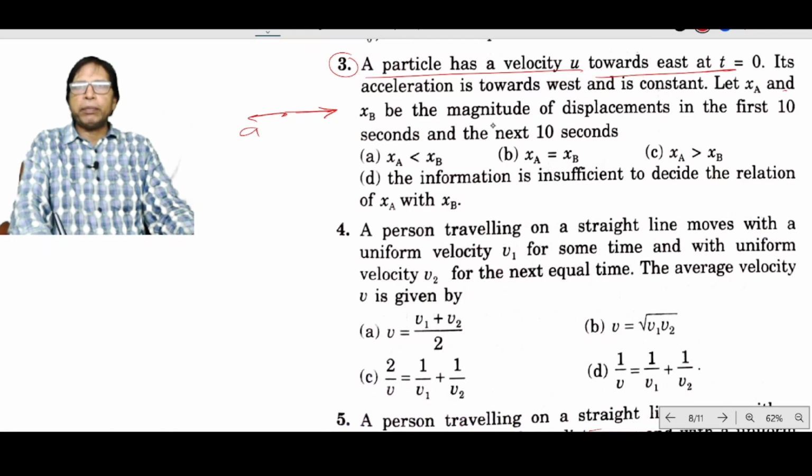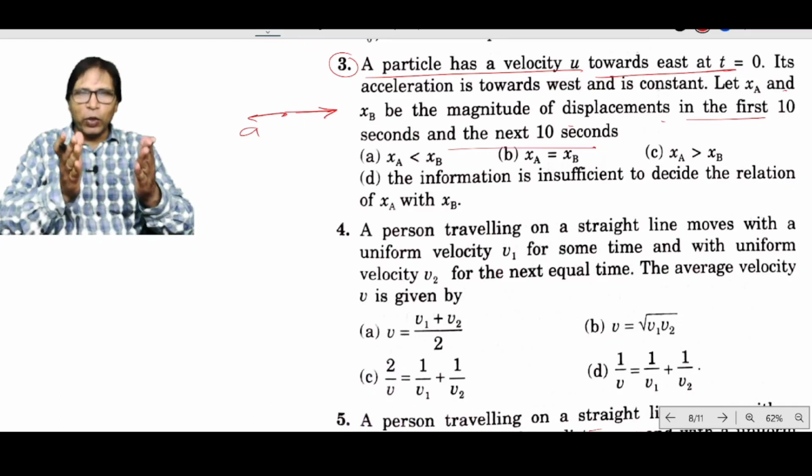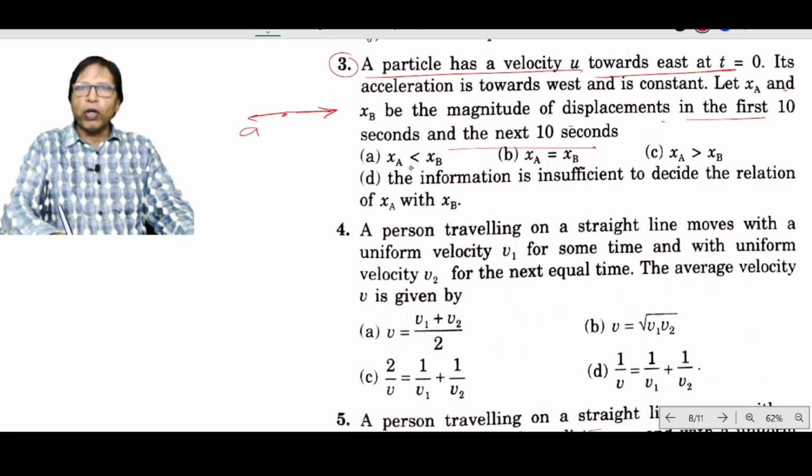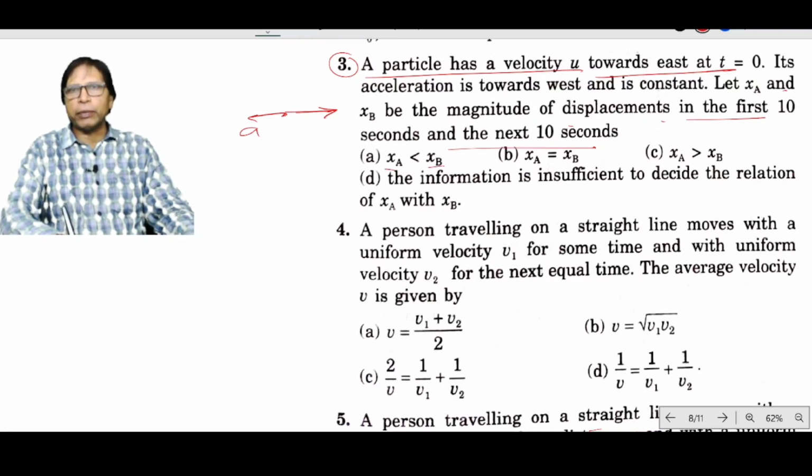Let xA and xB be the magnitude of displacement for the first 10 seconds and the next 10 seconds. Look at this, as u and a are not known, we can't decide which one is greater, xA greater or xB greater. So option D is correct.